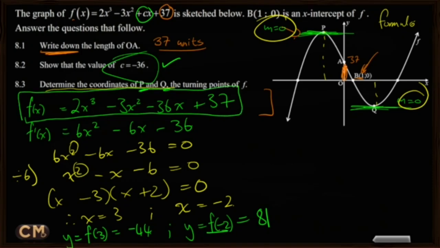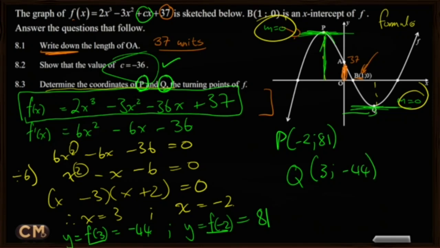So that's why I had the functional notation there, so that we can give back the actual answers to the question, because they wanted coordinates. So P we can see is f of minus 2, and its y coordinate is supposed to be positive and above over here, which means we'll have (minus 2, 81). And then Q we can see is to the right, so it'll have the positive x coordinate with the negative y coordinate. Right, so question asked and answered.